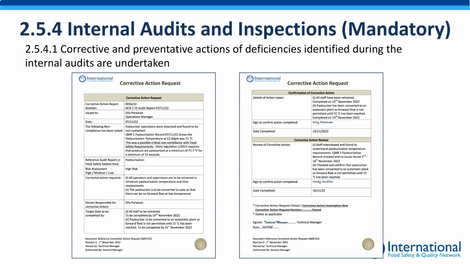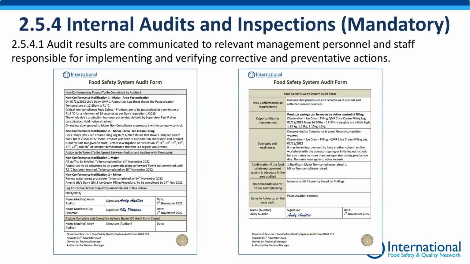For example, here, this is a corrective action request form. Audit results need to be communicated to relevant management personnel and staff responsible for implementing and verifying corrective and preventive actions. Again, a food safety audit form can be used for this purpose.